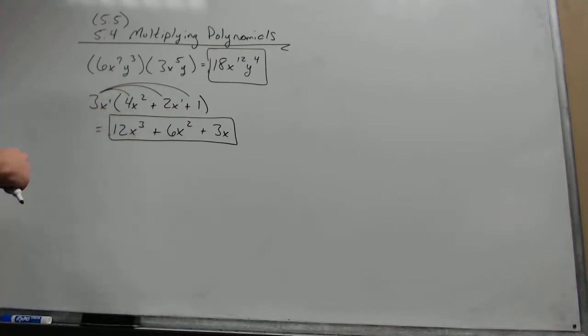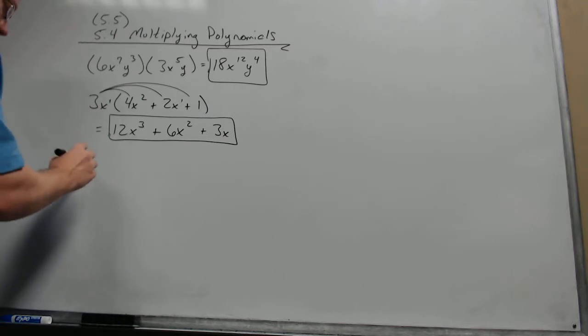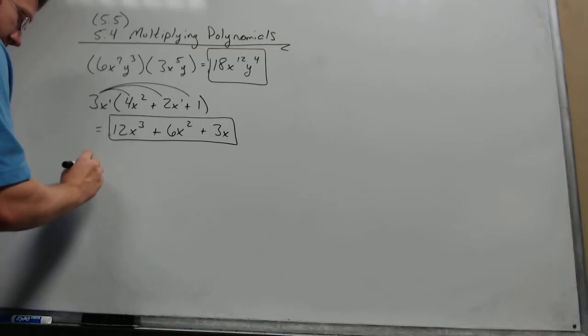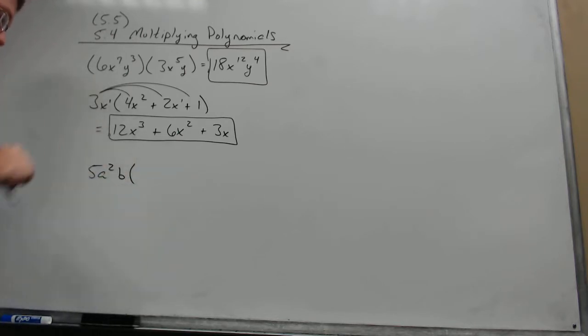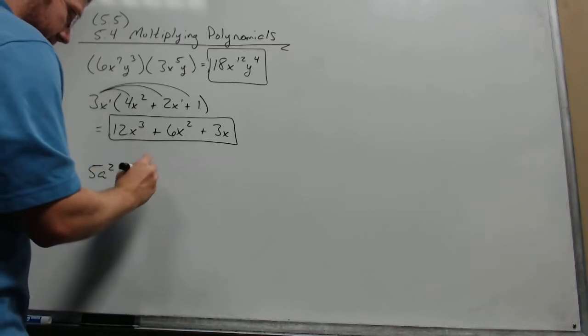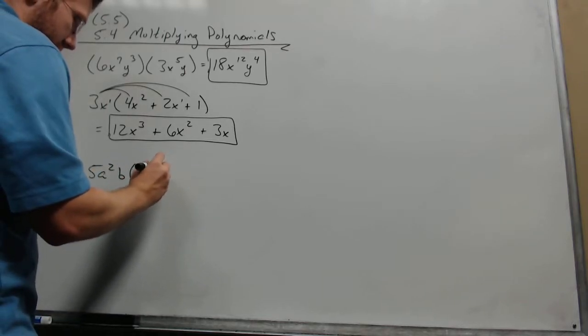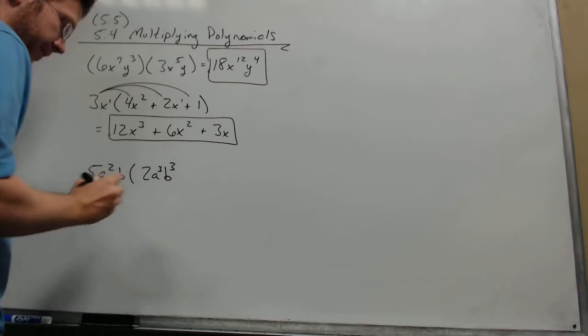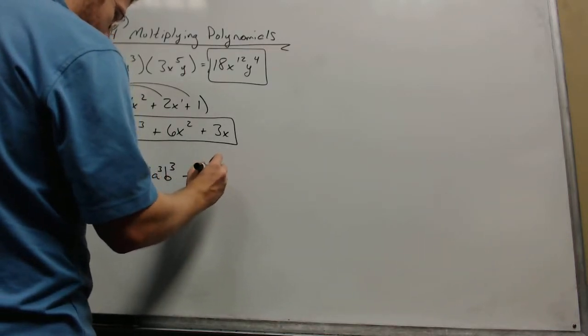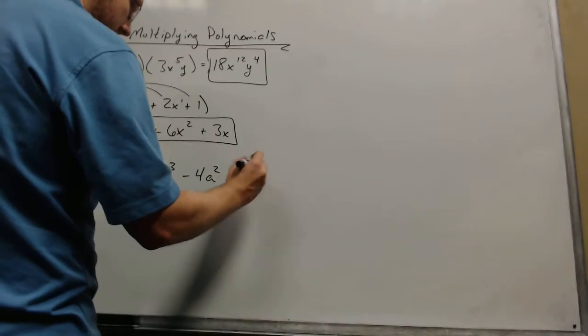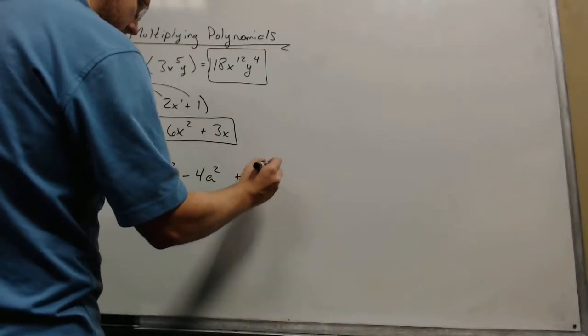So I'll do one more example of this, but there's nothing new really. If I had, say, 5a squared b times 2a cubed b to the 3rd minus 4a squared plus 3b.